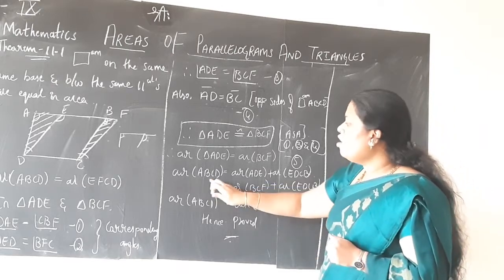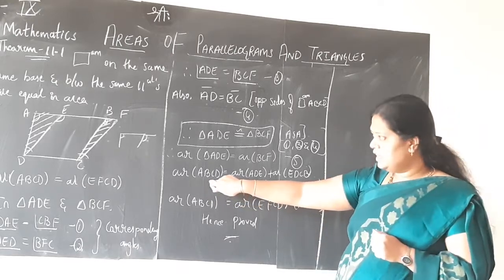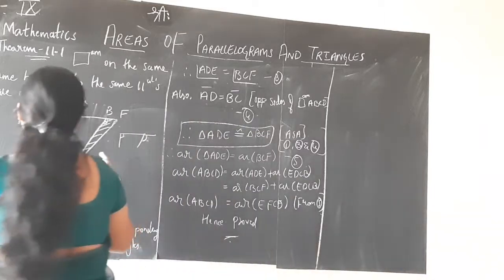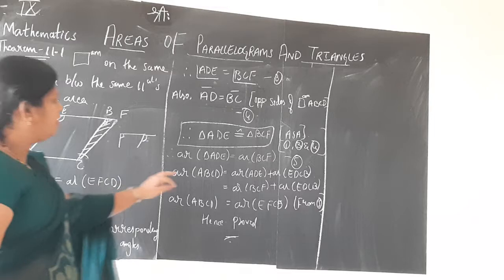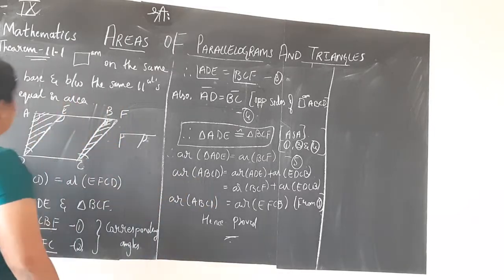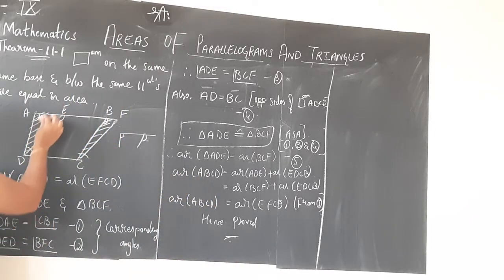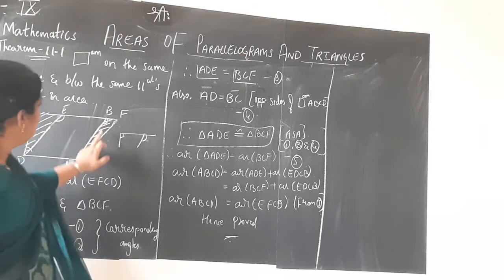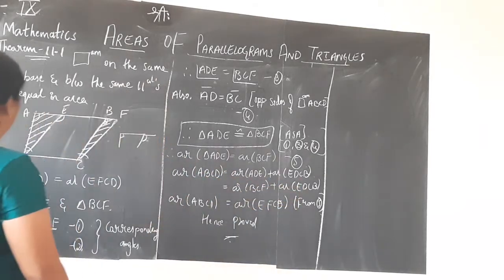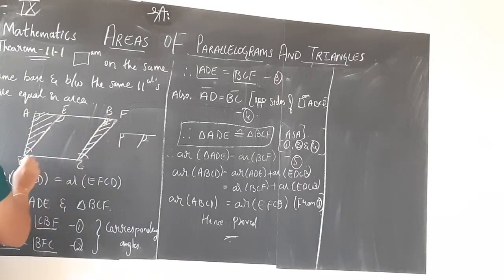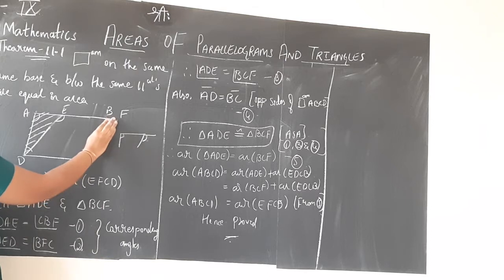Now area of parallelogram ABCD. Where is ABCD? This region is ABCD. Area of parallelogram ABCD is area of this triangle ADE plus the quadrilateral EBCD. That is not a second parallelogram, children. Forget this part for now.